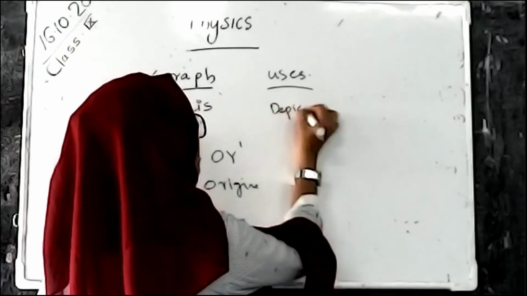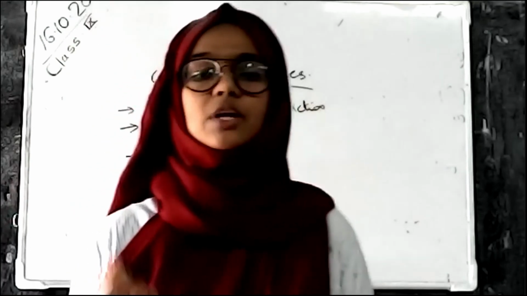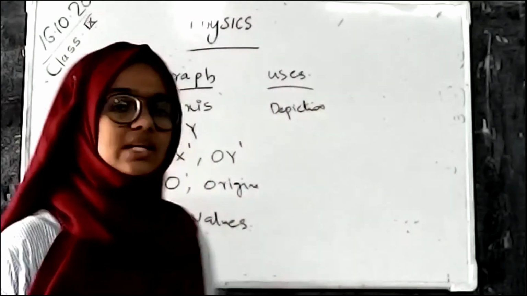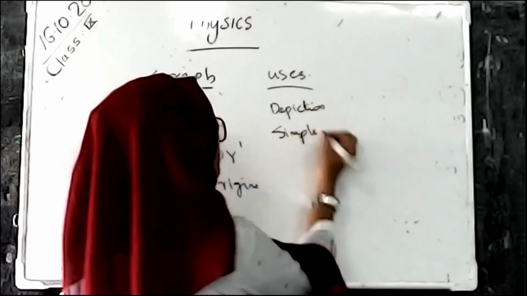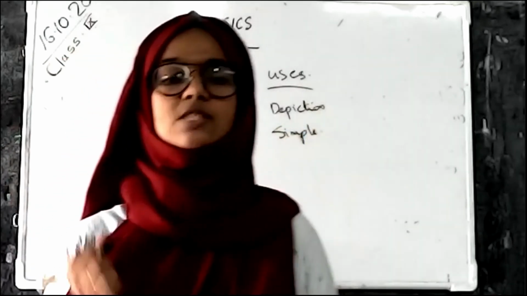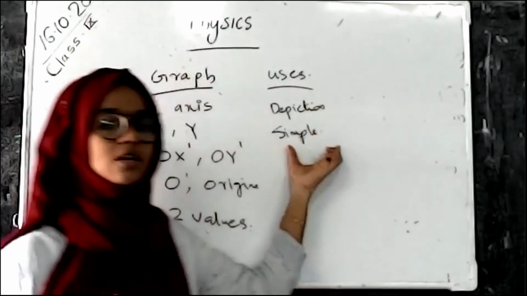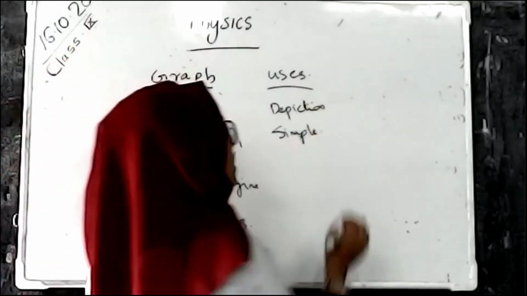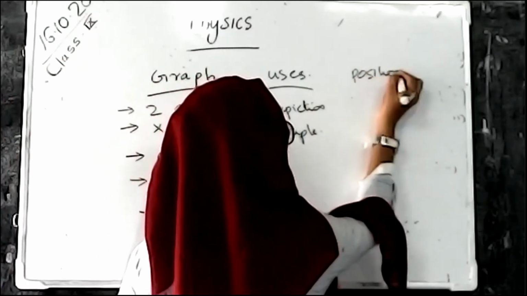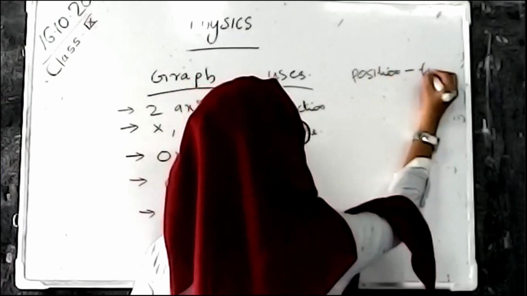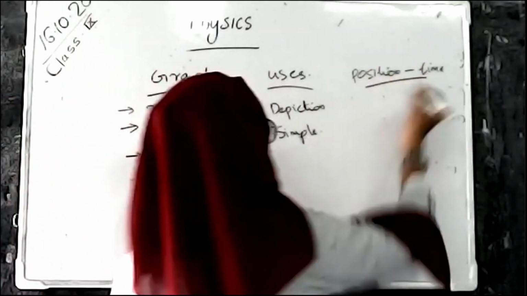The answer we get from a graph is very simple, the calculations are simple, and it is easy to get the answer from a graph. And the last one is the position time graph. What is the position time graph?